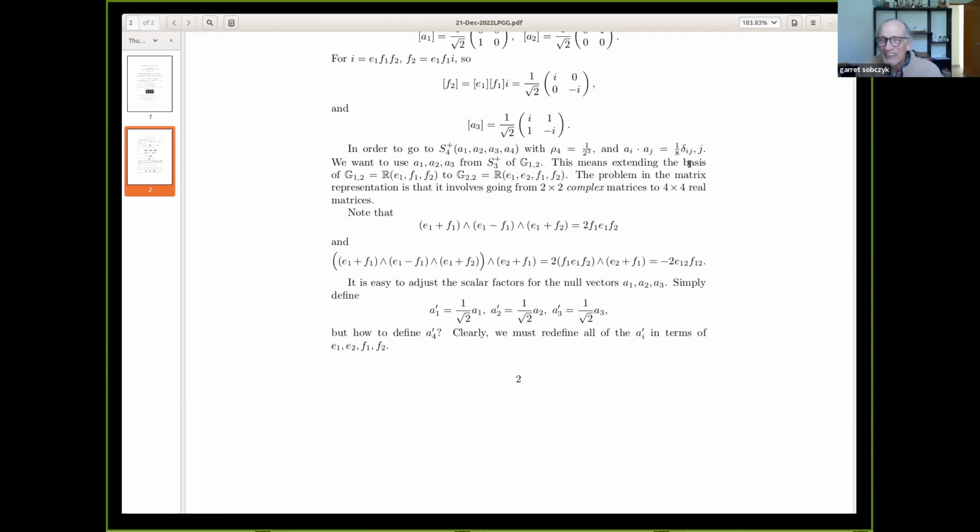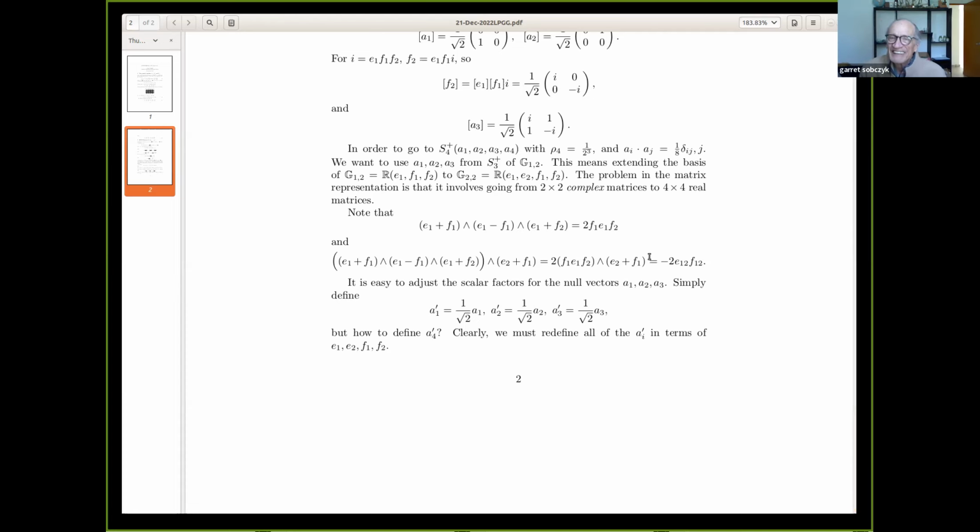Now, the question is, can I redefine, maybe using E1 plus E2 plus some combination of F? I want to get 4 nilpotents, 4 null vectors, which when you wedge them all together, you get the pseudoscalar of the algebra E12, F12, and which will also give us the 4x4 real matrix representation.